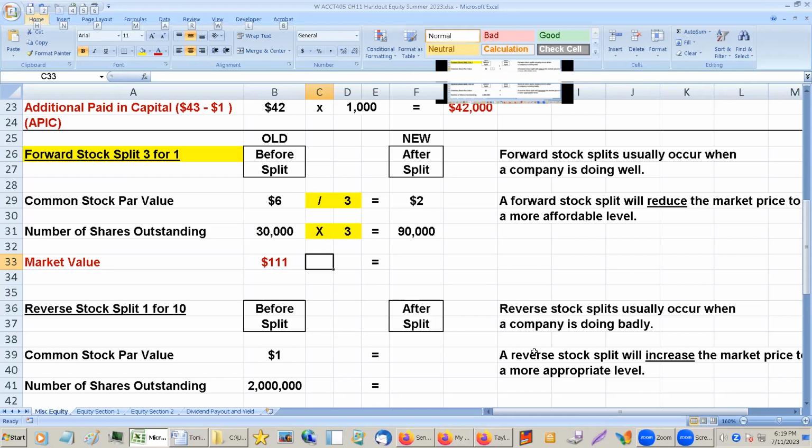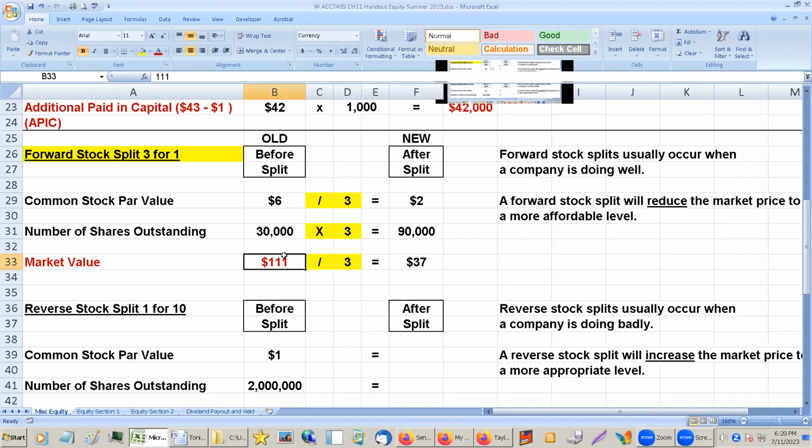Hold on a second. I'm just gonna copy it. And this is really usually what they're actually aiming at, is this last one here. And that is to get the stock down where more people can buy it.